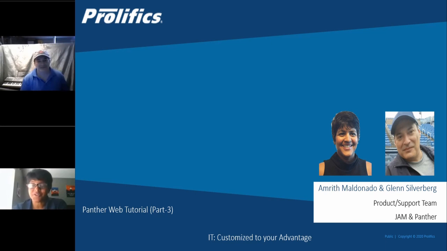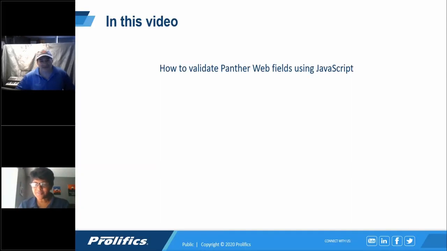Great, and I'm sure lots of you have heard some of Glenn's great videos on our Panther channel. The next video that is covered here, part 3, I talk about validating fields with JavaScript. All right, so this is a big one, Glenn.